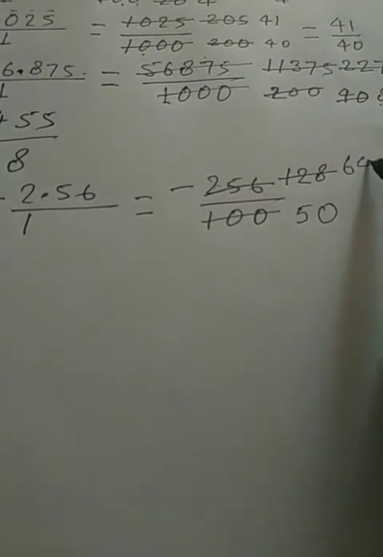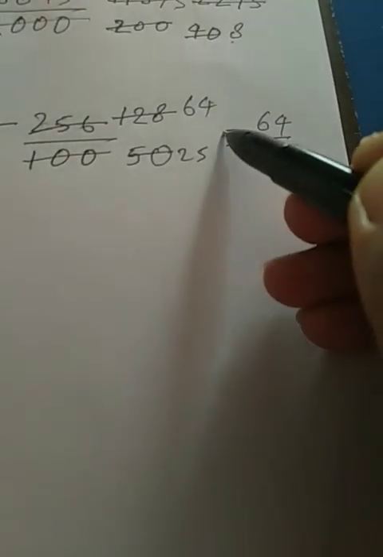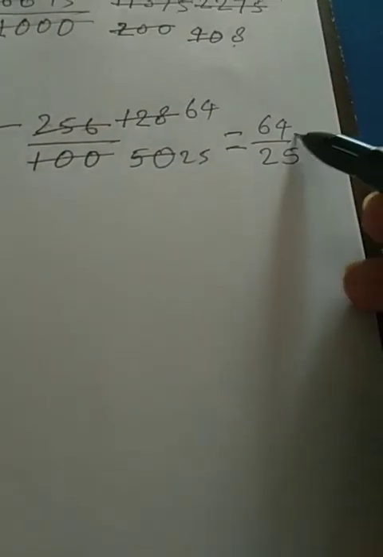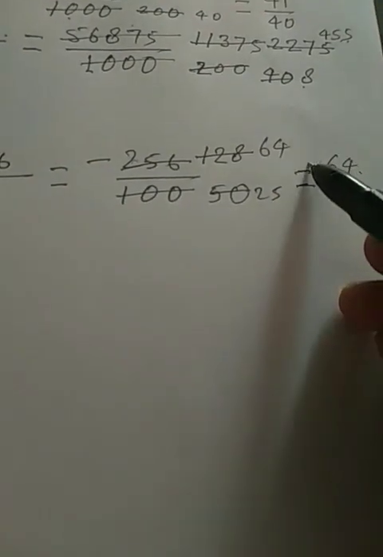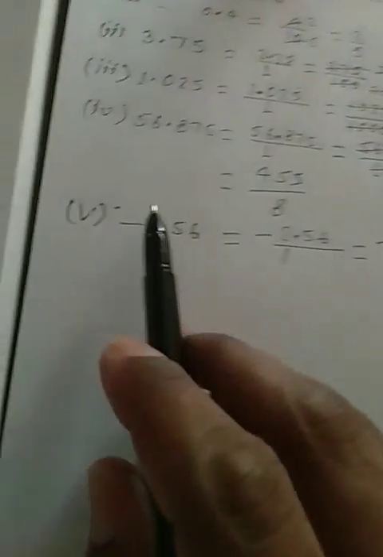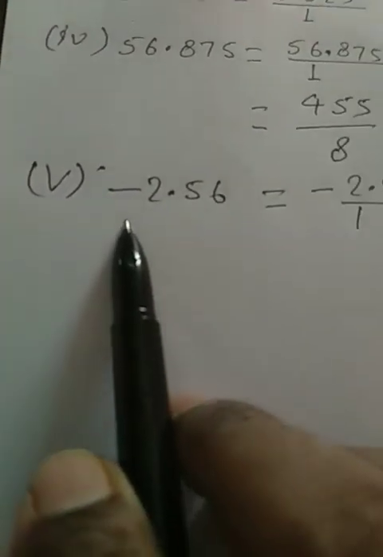Now this is 64 by 25. But you have to put the negative symbol, because the actual number is negative.